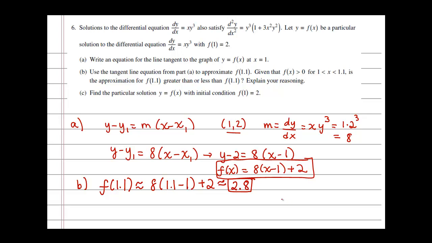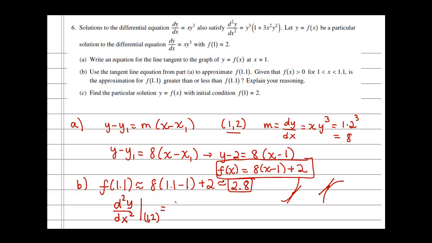Well, that depends upon the concavity. If my function's concave up, my tangent line will lie below the curve near that point. If my function's concave down, my tangent line near the point of tangency will lie above the curve, so it'll be an over approximation. So the second derivative is what tells us information about the concavity.